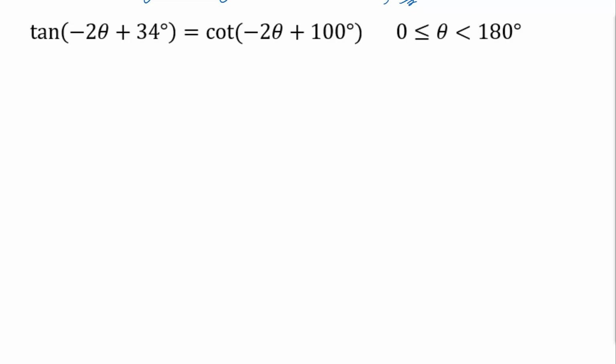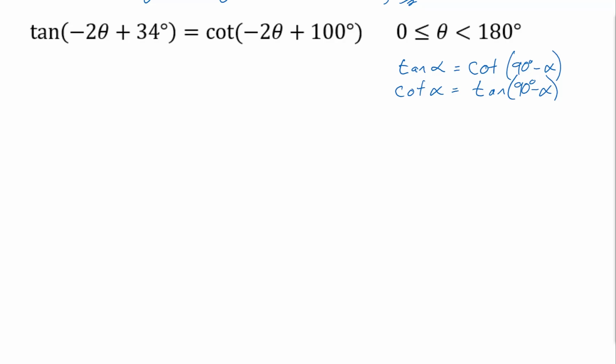So let's see if we can think of tangent of something, let's call it alpha, as equal to cotangent of 90 degrees minus alpha. Or the other way around, cotangent of something is equal to tangent of 90 degrees minus that something.